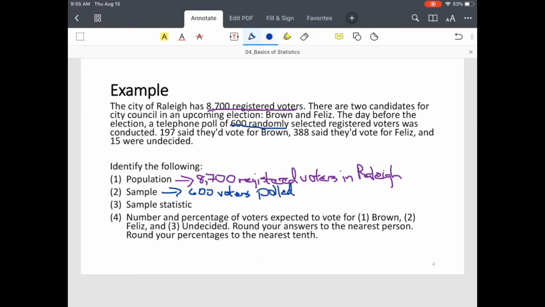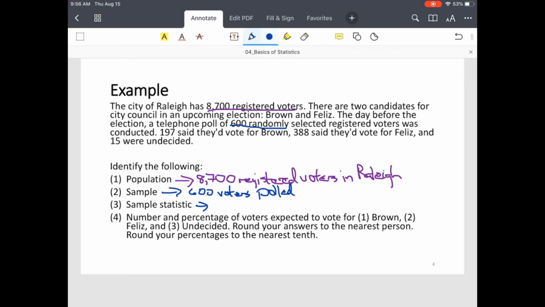All right, the sample statistic. You've got a couple different statistics. You've got 197 voters for Brown. Now you can convert these if you want, so let's go ahead and convert them to percentages.